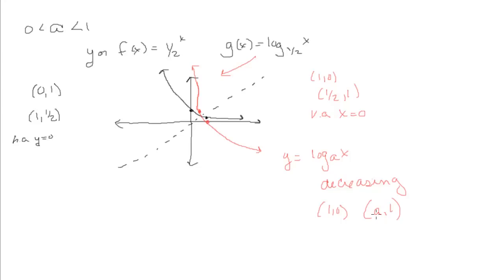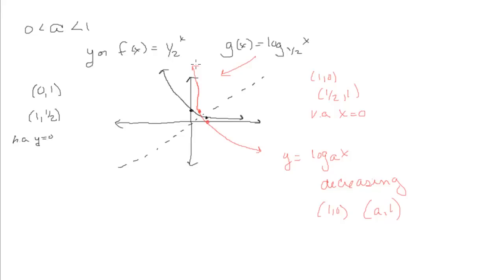Now, as x approaches infinity, f of x also approaches infinity. So as I go to the right on the x-axis, the function will actually go to positive infinity. And as I look to the left, so as x approaches 0, the graph will continue to go up forever.